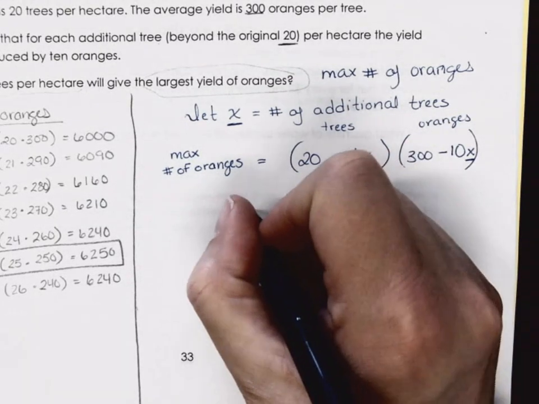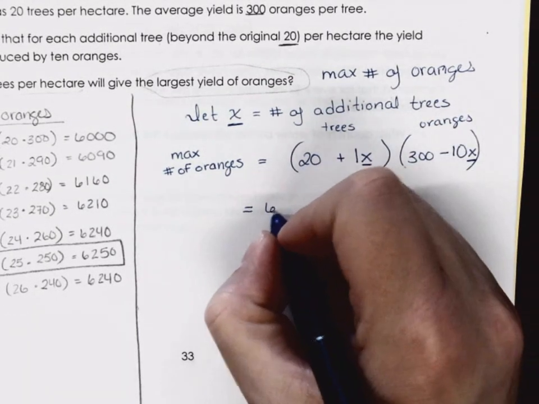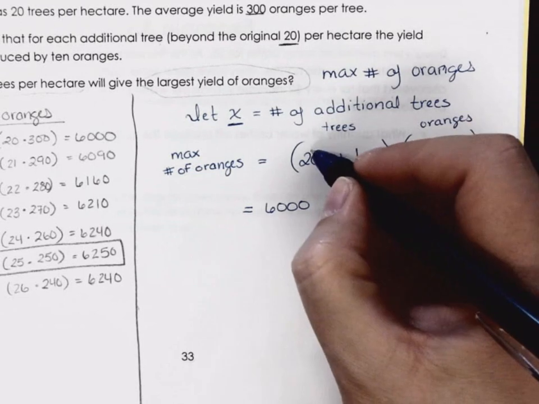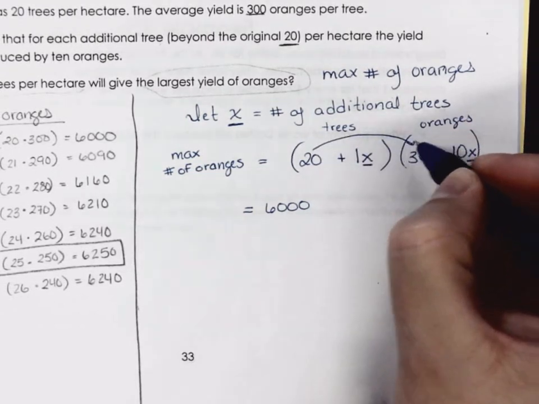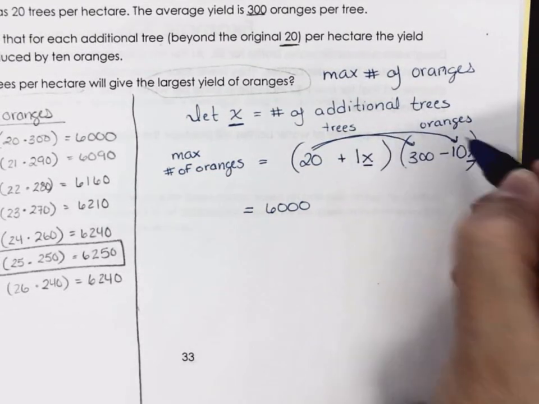Okay, we got to multiply. 20 times 300, I think we've done that already. That's 6,000. So I like to draw in my arrows. You may not like to do that. That helps my brain.